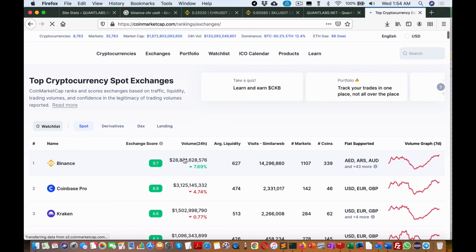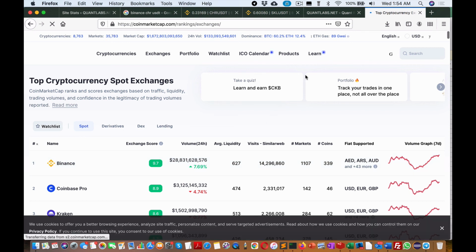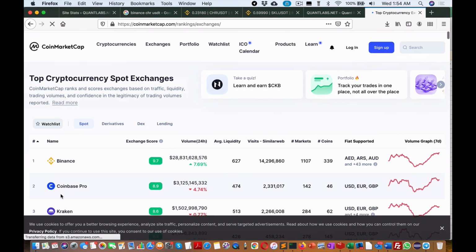So it's close to 2-to-1 for futures volume. And for me as a Canadian in Ontario, I can't trade futures. I can only trade on the spot market. But the spot market looks good with some really high performing little coins.